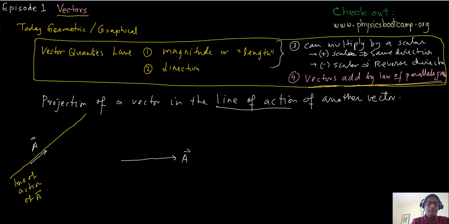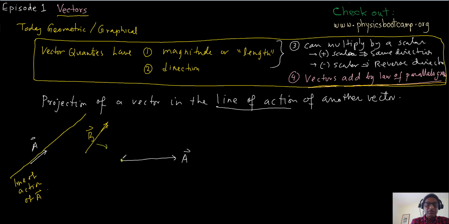and there is a vector B that way. So I want to say projection of B on A. How do I define projection of B on A? So we want to know projection of B on A. What we'll do is draw both vectors coming from the same point.